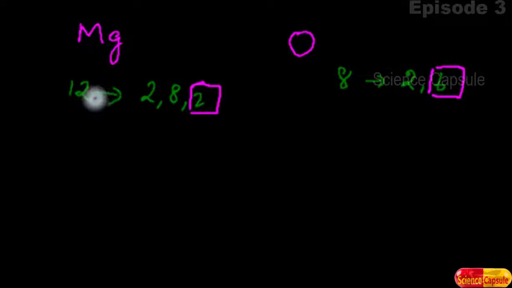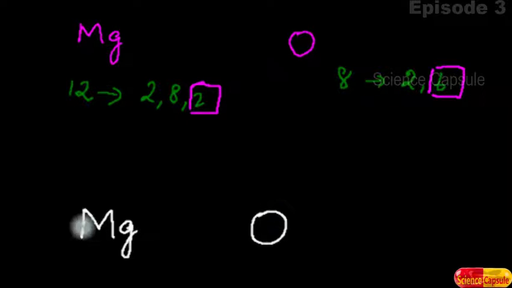The reaction between the metals and the non-metals can be visualized in terms of electron dot structure. So let us understand in detail. Firstly, always keep in mind that the metal should be written first and afterwards the non-metal. So here I have written the metal on the left-hand side and the non-metal on the right-hand side, and after that the valence electrons are to be written over the symbol.